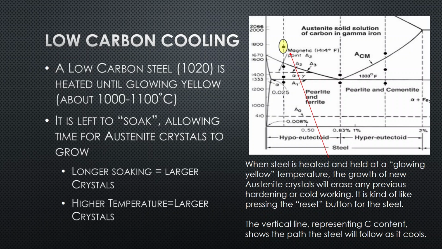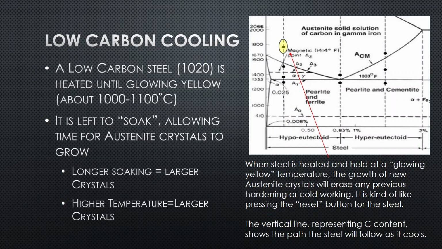You may recall doing this to the copper in our tensile testing lab: we took our copper and heated it until it was glowing red hot, and the work hardened copper that we'd stretched grew new crystals that didn't have any history of work hardening, so when we cooled it back down again, our copper was nice and soft.